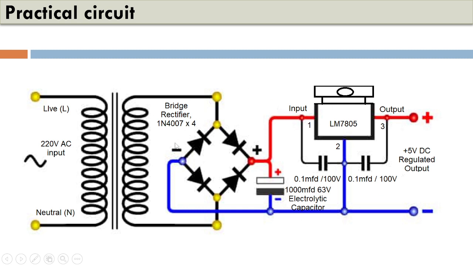That is, we are providing the regulation on the secondary side of the transformer, so it will suffer from poor regulation when the input voltage falls. When the input voltage falls, the secondary side voltage also falls, and it will directly impact the regulator.